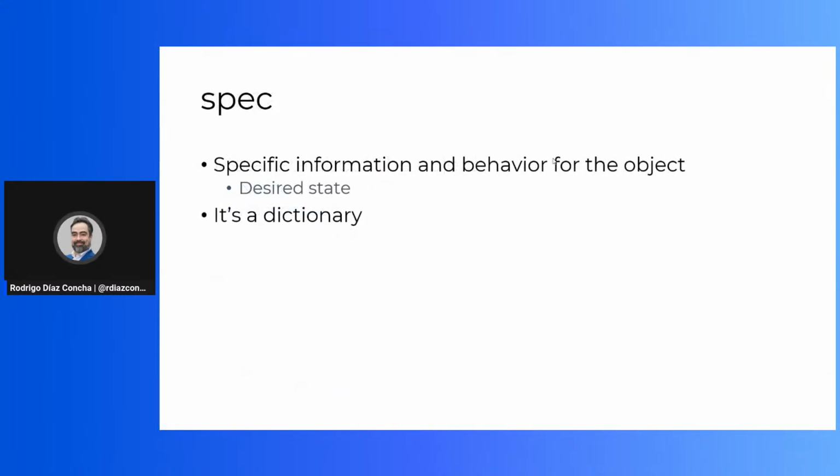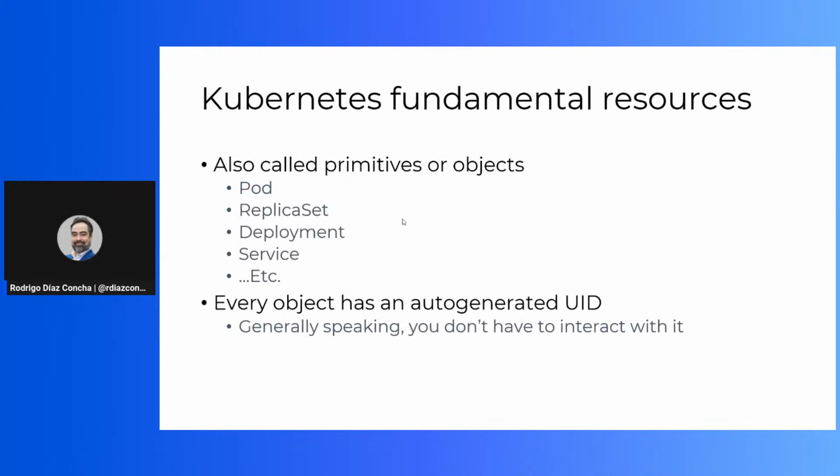And finally, spec, this is the place where you specify the information specific for your object, right? I think this is spec for specification, right? So this is the desired state that your object will have, okay? And Kubernetes is going to be sure that that desired state will be fulfilled, okay?